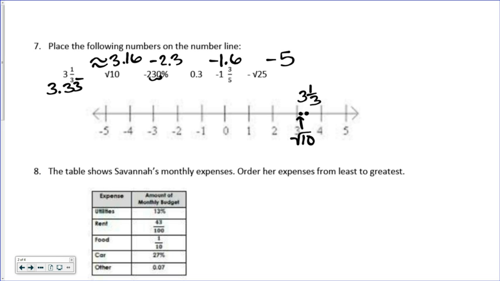Negative 230%, negative 2.3 is between negative 2 and negative 3, but closer to the negative 2. 0.3 is between 0 and 1. Negative 1 and 3/5 is between negative 1 and negative 2 on our number line. It's close to the half, maybe a little closer to 2. And then the negative square root of 25, which is negative 5, is right on negative 5.